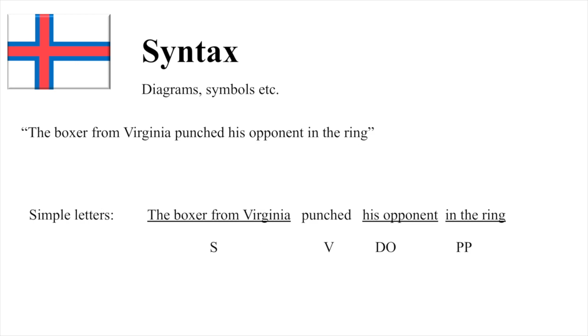And then the third one, I'm not really sure if this is the way that English and American speaking people do this. I certainly did not learn this in school, but I've seen this somewhere. So I think people will put S for subject under the boxer from Virginia, V for verb, DO for direct object, and PP for a prepositional phrase.